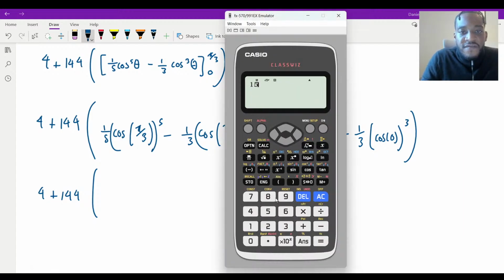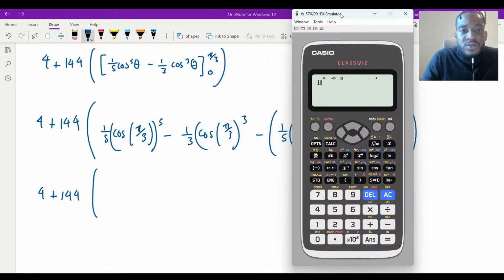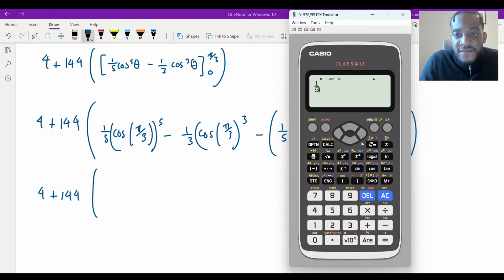So that's going to be 1 over 5. I'll do this part here. 1 over 5 cosine of pi over 3, like that, and then this is all going to be to the power 5. Let me make sure that's all good. Yeah, that's good.